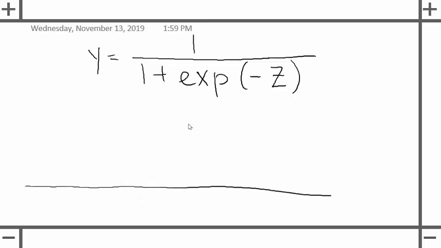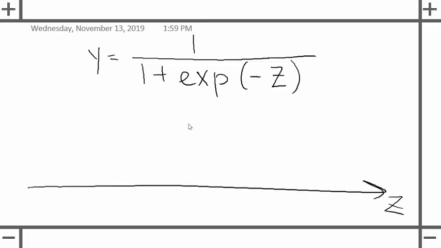So let me reproduce the graph again over here. This is my z, the horizontal variable. Here is my y. The logistic function goes through the point 0, 0.5, right? If z equals 0, then e to the power minus 0 is 1, and you have 1 divided by 1 plus 1, that's 0.5. This point right here.